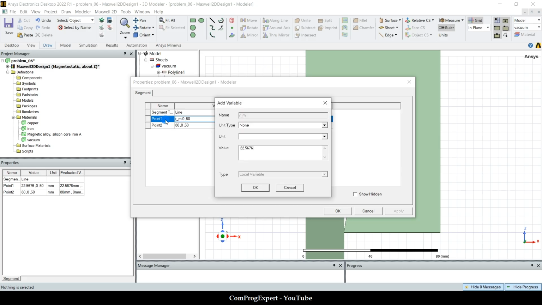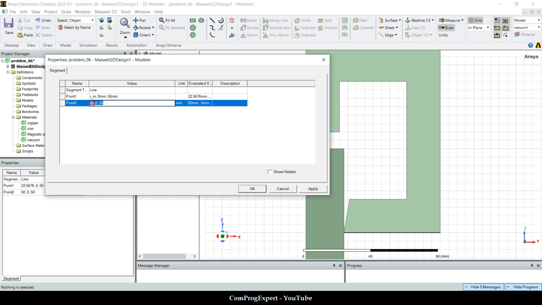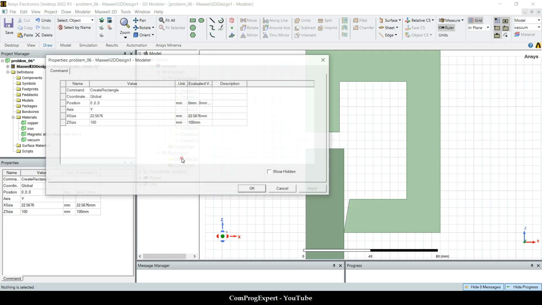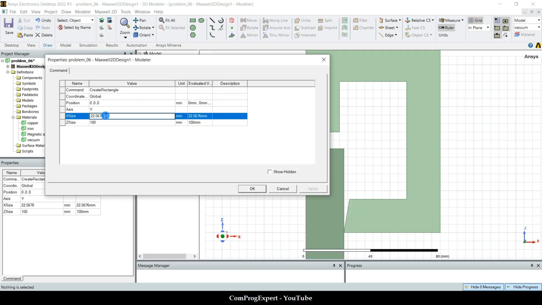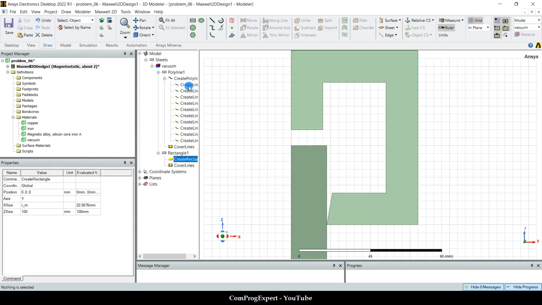This is the radius, and this is the size dimensions that we can consider for the coil or other dimensions that we have. So for this rectangle, also let's define this. This is the radius of the moving part. Okay, so these are the same.